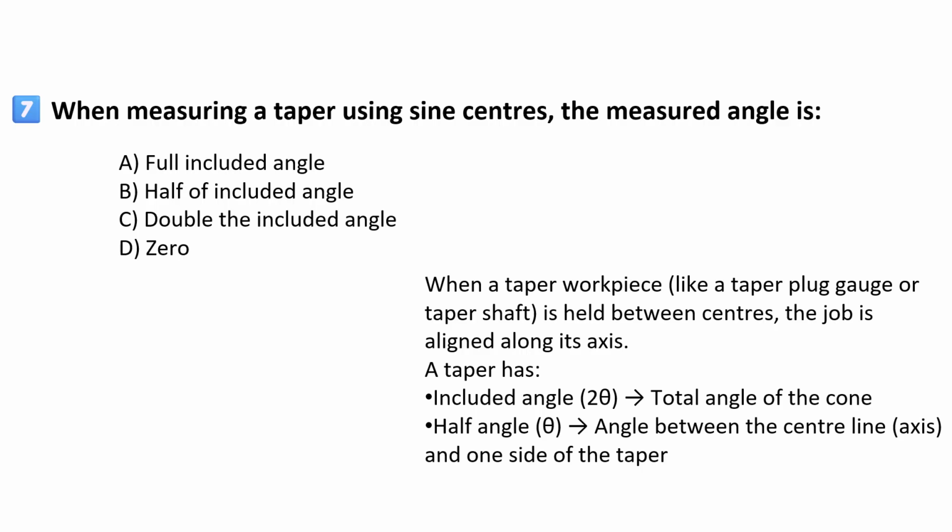A taper has an included angle 2 theta. Let us consider that is the total angle of the cone. Then theta will be the half angle, that is the angle between the center line and one side of the taper. Here we are measuring only theta. So option B is correct, half of the included angle.